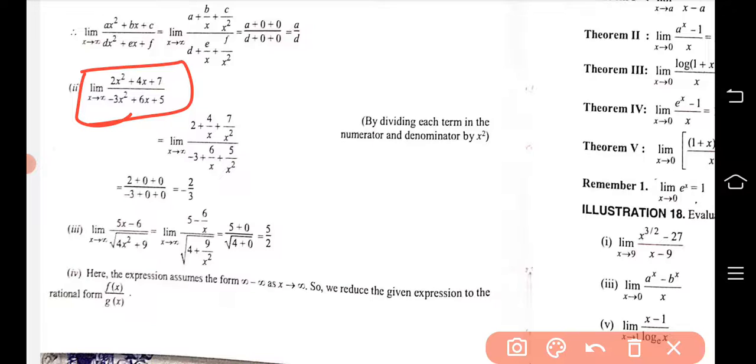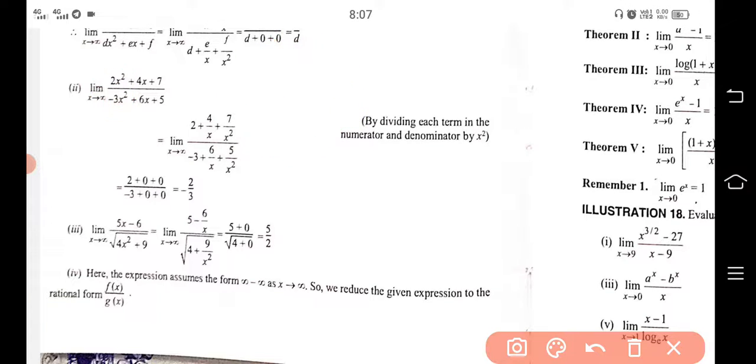First you have to look for the highest power in both numerator and denominator. We can see it is 2x square and 3x square, so x square is the highest term we are taking into consideration. So we will divide both numerator and denominator by x square.